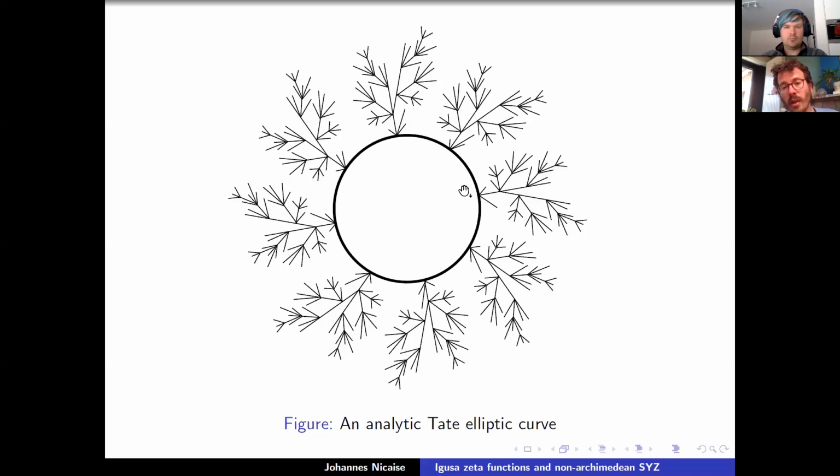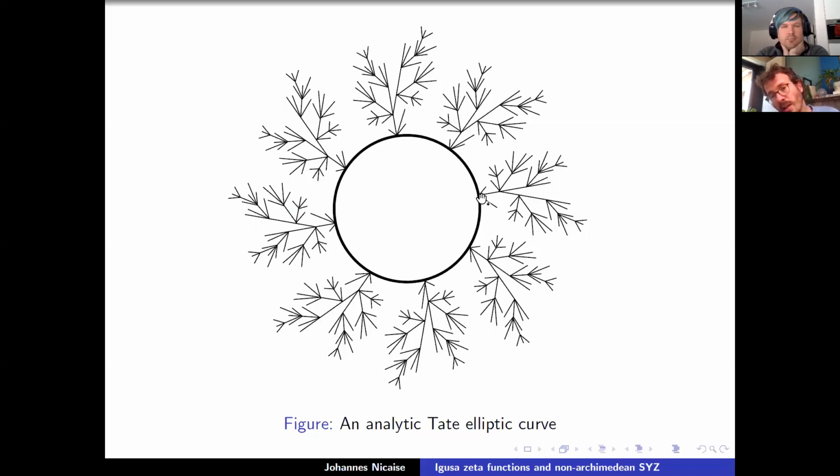Then from this circle, you will have infinitely many trees that branch at infinitely many points in infinitely many directions. So you get a very widely ramified collection of trees that are all glued onto this circle. And the way the weight function behaves on this picture is that, again, it's constant in the middle, there it's minimal.